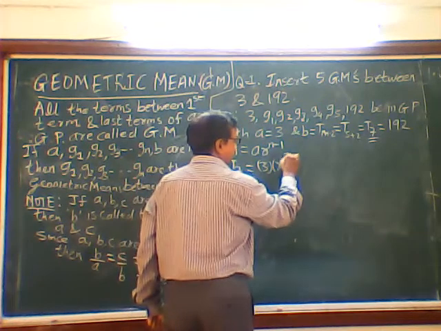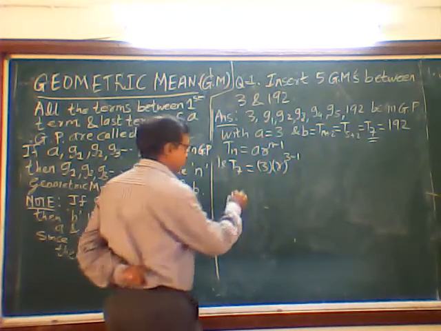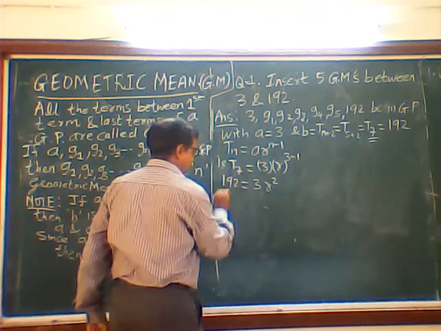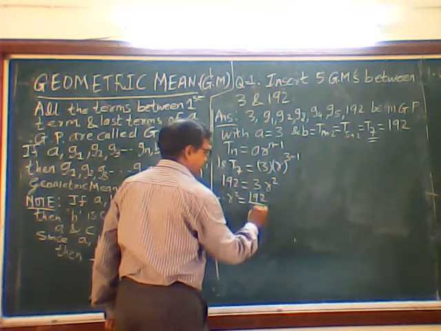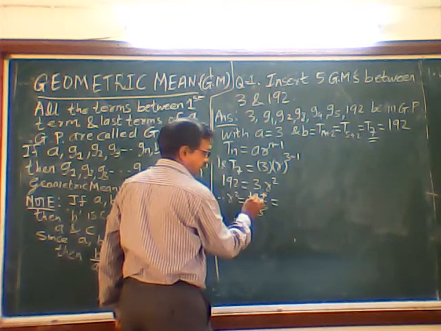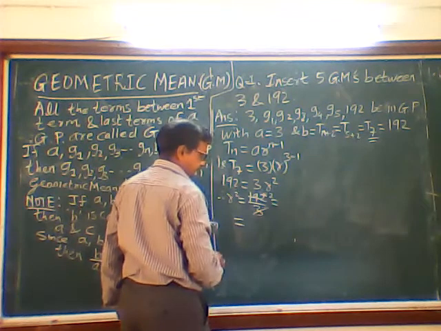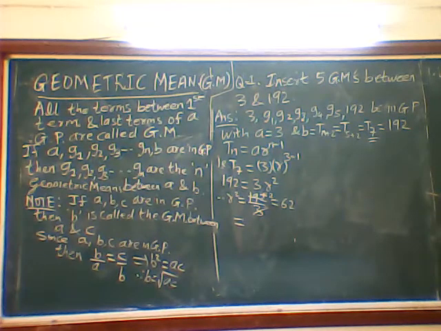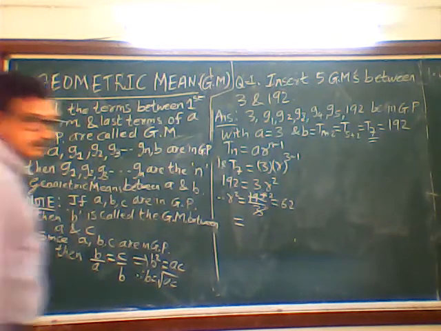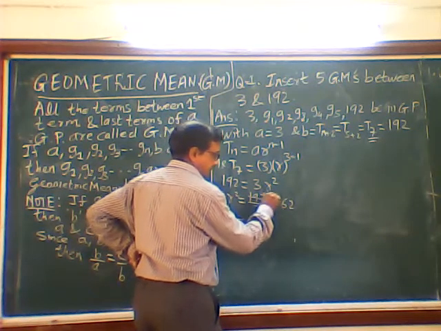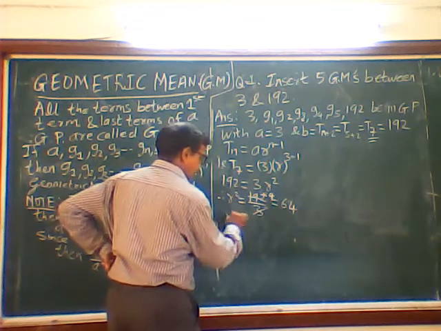T7 is 192, so 192 equals 3 times R raised to 3 minus 1, which is R squared. So R squared is 192 divided by 3. 3 sixes are 18, 12 remains, 3 fours are 12. So R squared is 64.